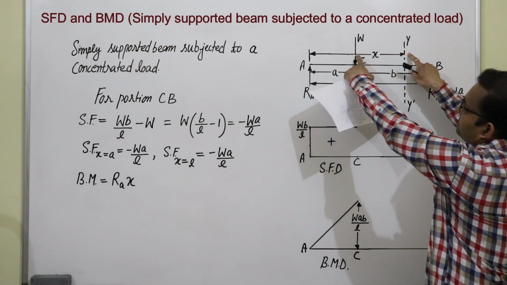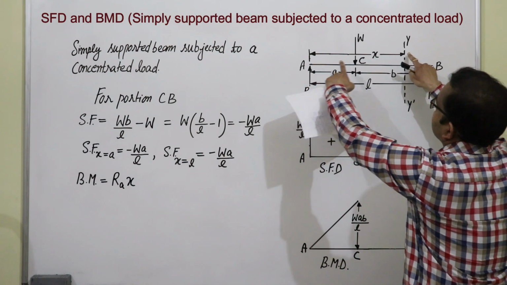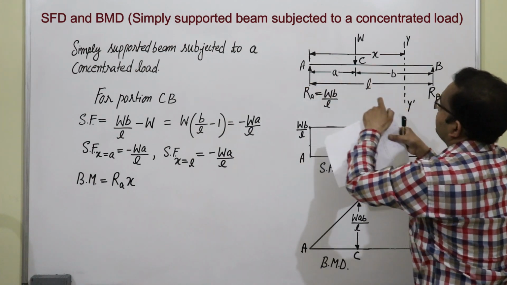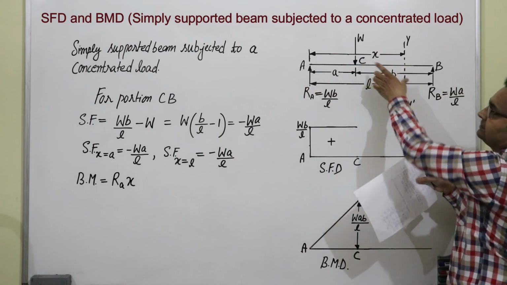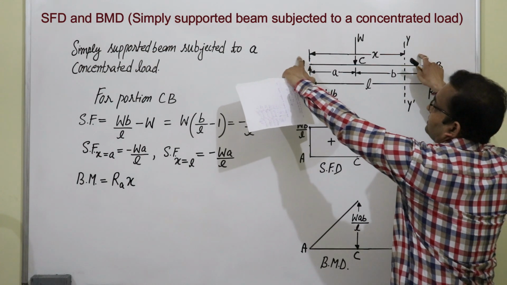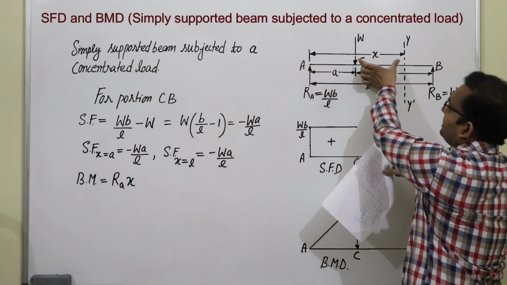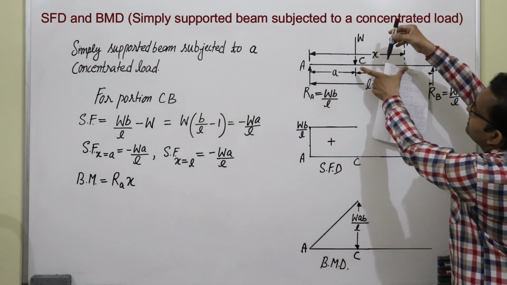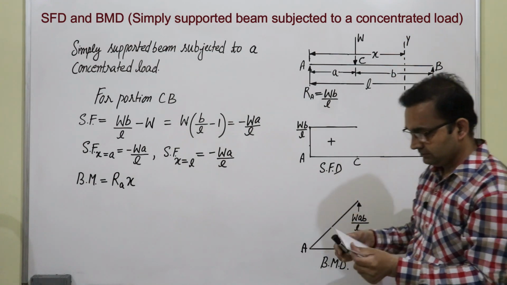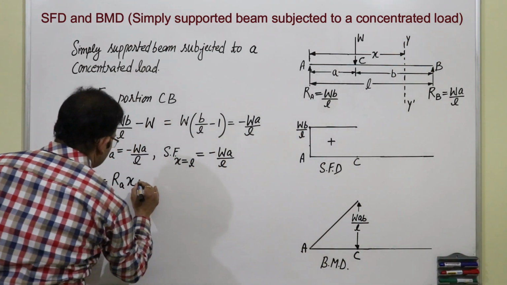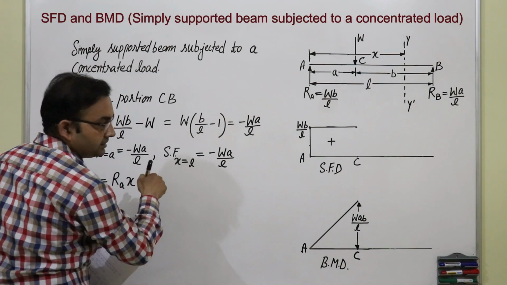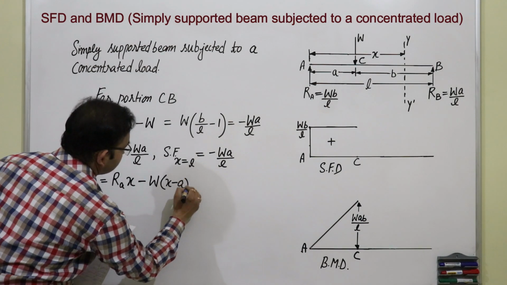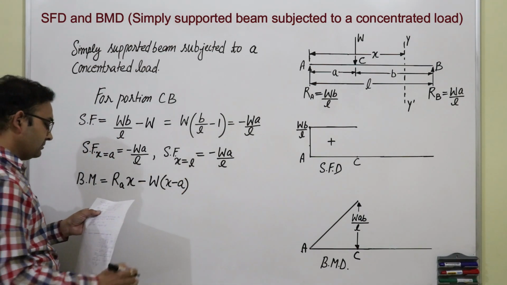This distance is x minus A. Force into this perpendicular distance, minus W because it is downward, into x minus A.